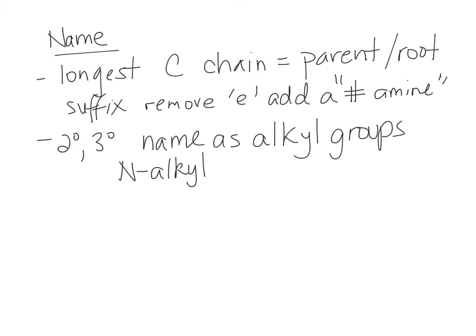So if you have a 3-carbon chain that's a side group, it becomes N-propyl for 3 carbons. And if it's a tertiary, you name them alphabetically.